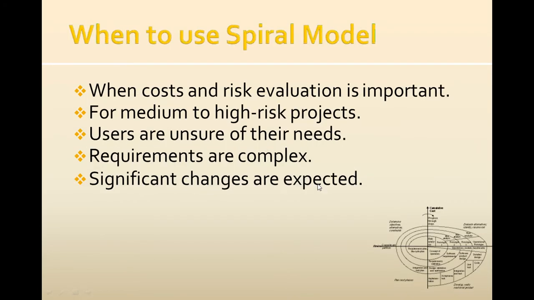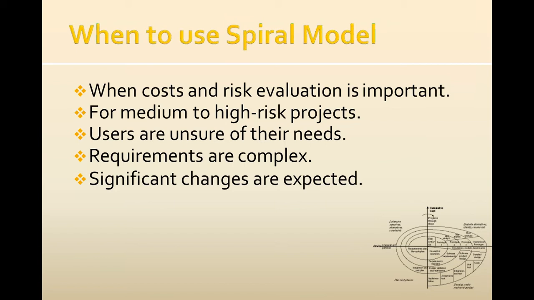Okay, so when to use a spiral model? When cost and risk evaluation is important, then we use the spiral model. And the second is for medium to high risk projects, this model is very useful. And the third is when the users are unsure of their needs, then this model is of course important.